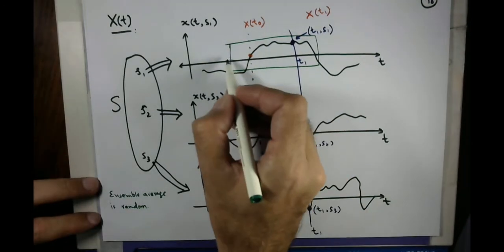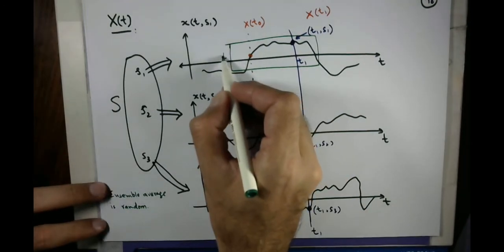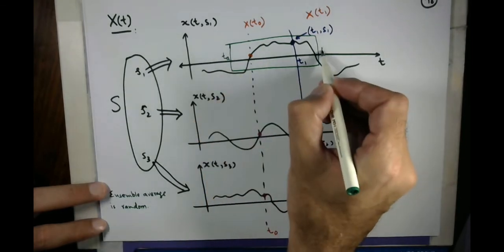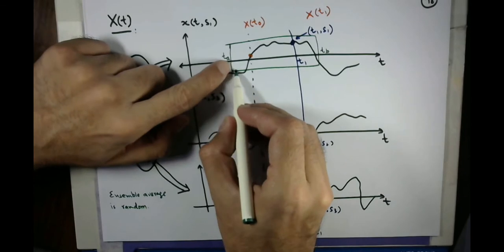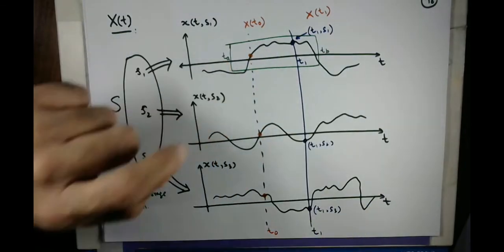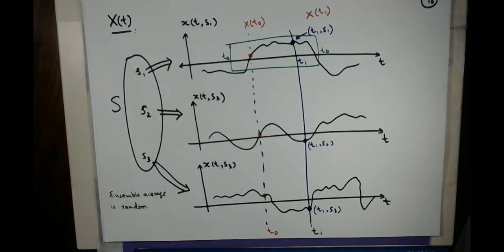So say from ta to tb, you take the average of this function and you'll have some average value. Now my second question, what do you feel? Is this time average a random variable or a constant?